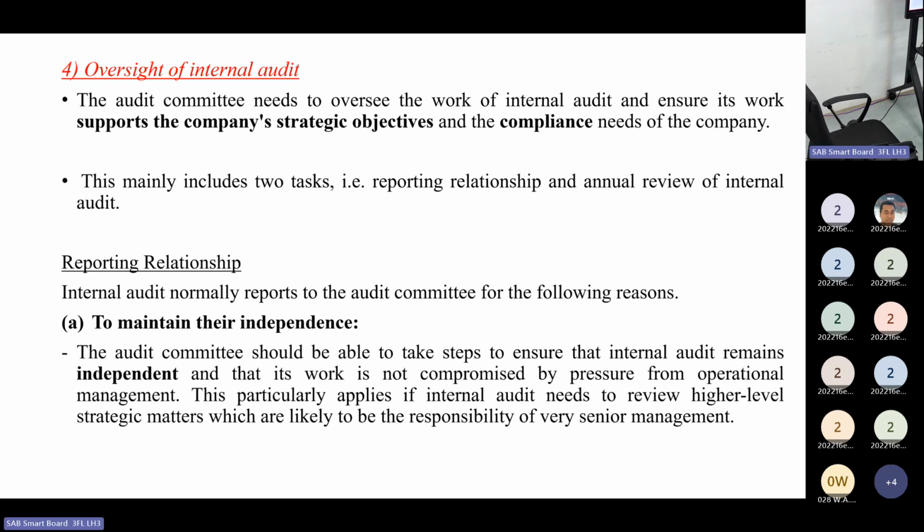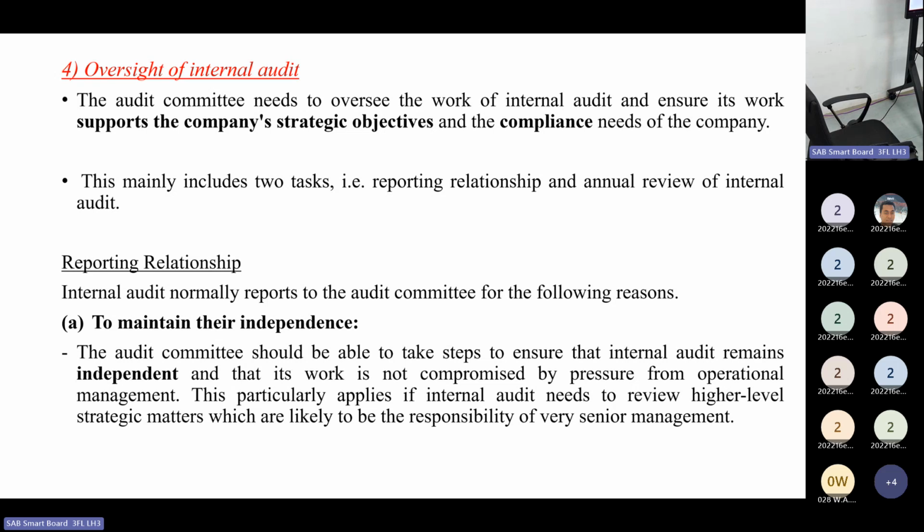If you read, the audit committee should be able to take steps to ensure that internal audit remains independent and that its work is not compromised by pressure from operational management. However they handle that, they report to the audit committee. Because they report there, the pressure of others does not affect them. So they can freely do what is expected from them.